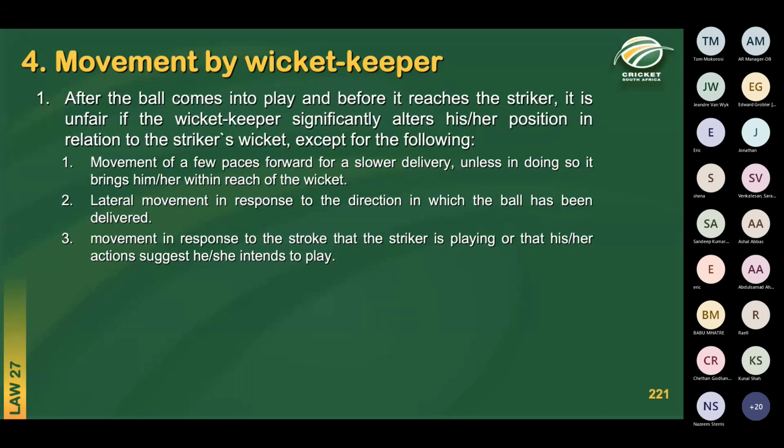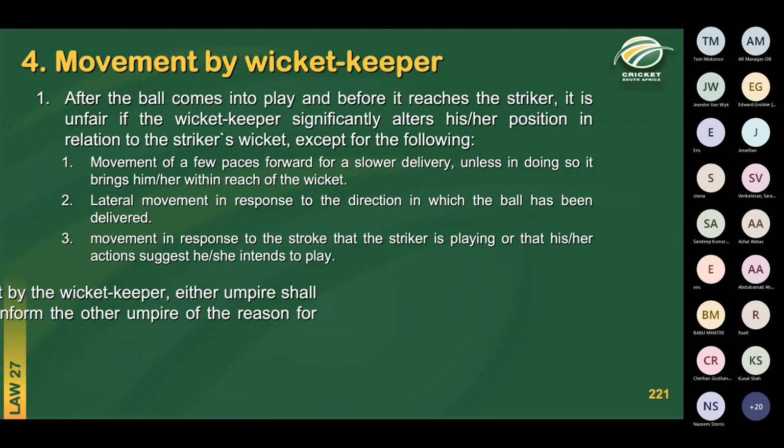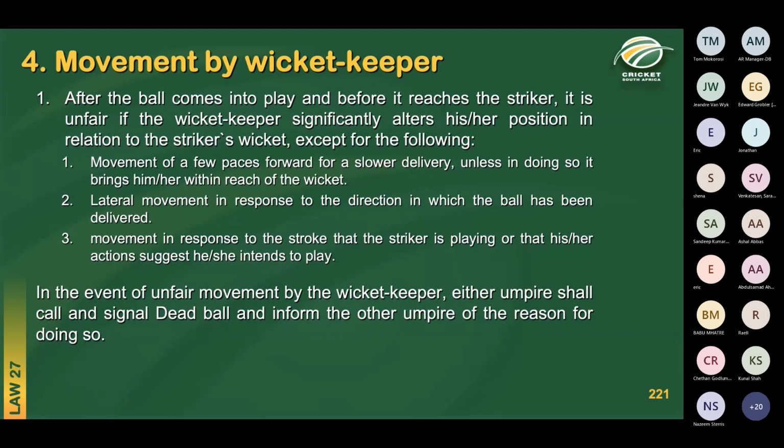And we will see a great picture of a Bangladeshi wicketkeeper doing this against Temba Bavuma in a test match in 2017. In the event of unfair movement by the keeper, either umpire shall call and signal dead ball and inform the other umpire of the reason for doing so.